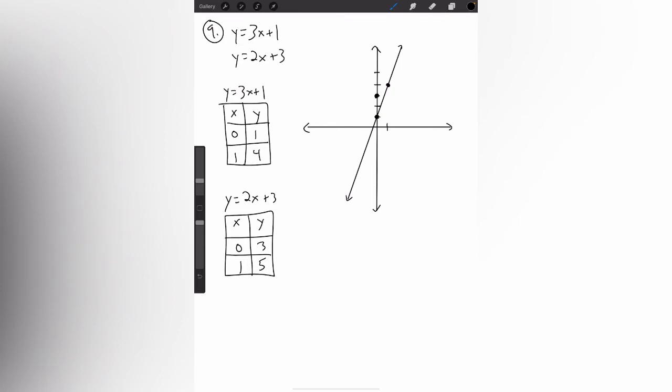Okay, so if I look at that right about there. So let me go ahead and draw my line. I'm going to go ahead and leave it there. And it looks like it kind of goes off the graph here. And my solution of where they intersect is going to be about here, right?